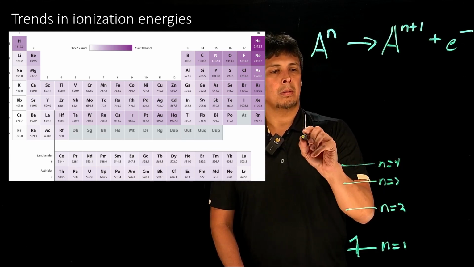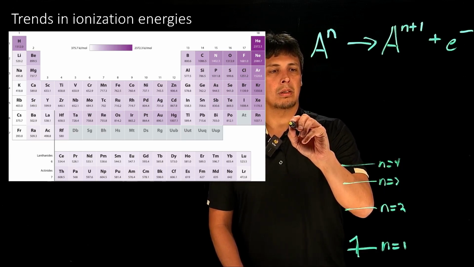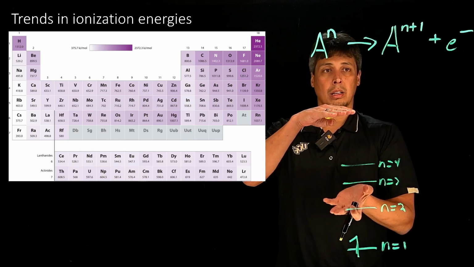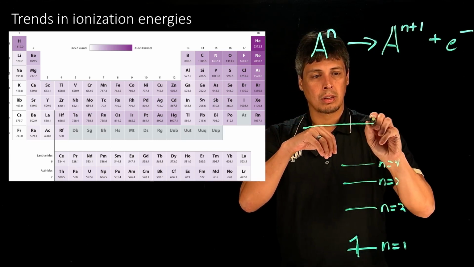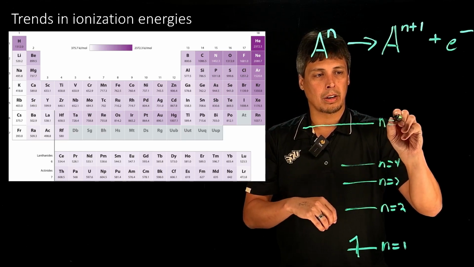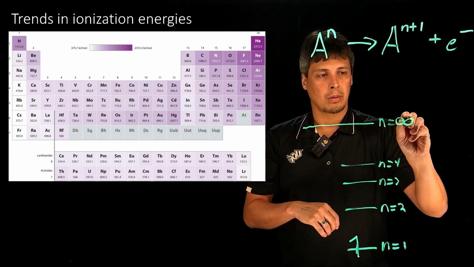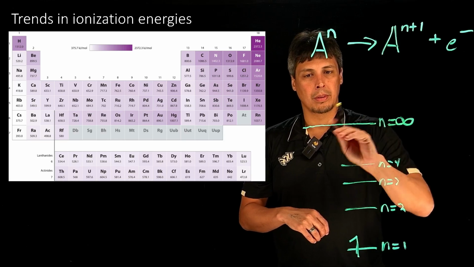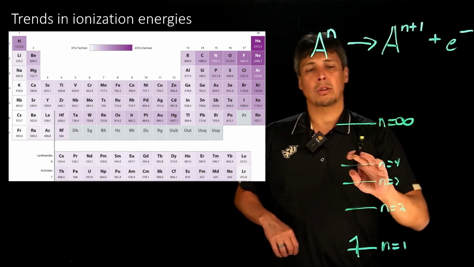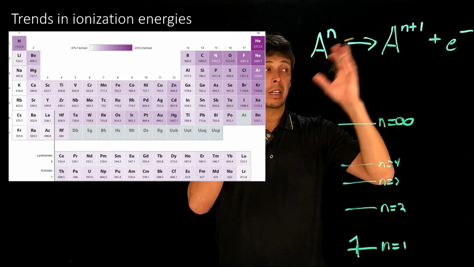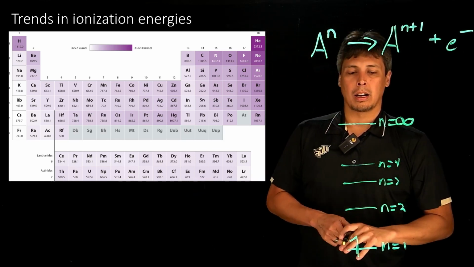At some point, the energy levels are going to have an n=infinity level, which collapses to some energy limit. This is the energy at which, if the electron exceeds this amount of energy, it'll be ejected from the atom.